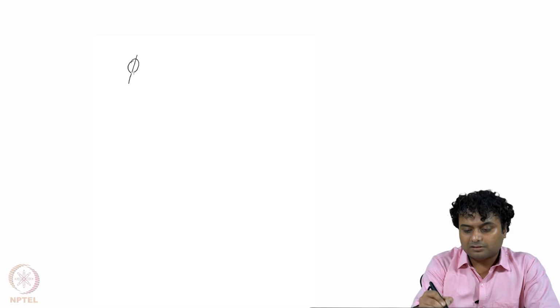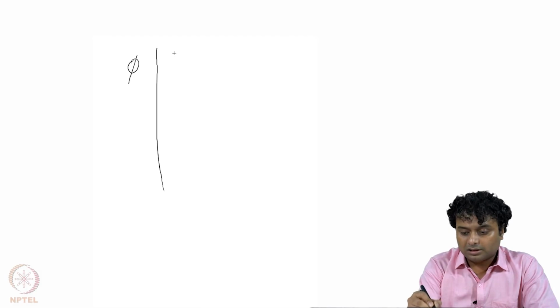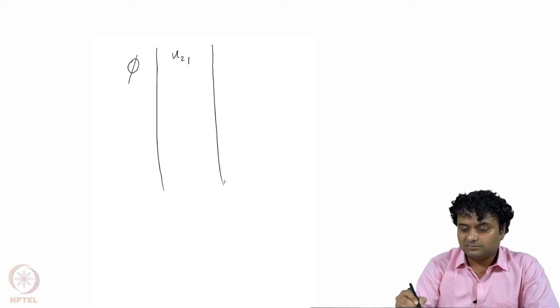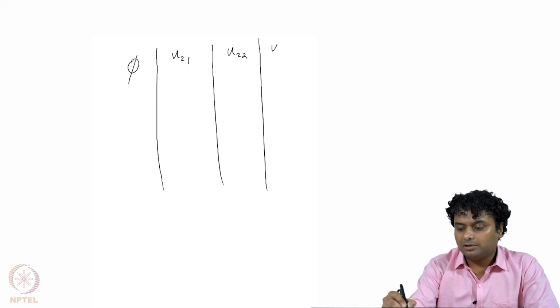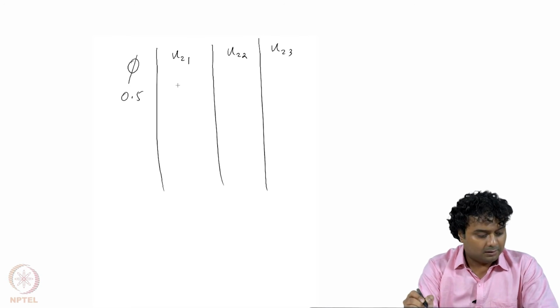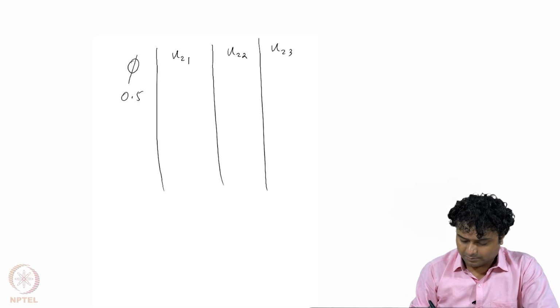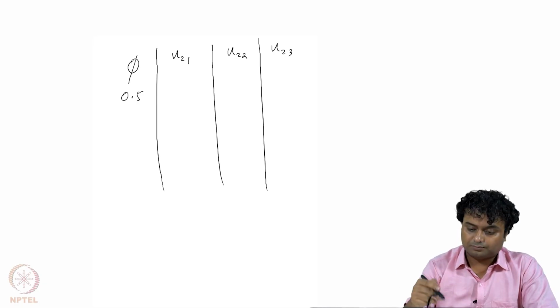Let us say this is my phi, and then I will have 3 roots, right? So this is, let us say, uz1, then I have uz2, and then uz3. First, let us see what happens if phi is equal to 0.